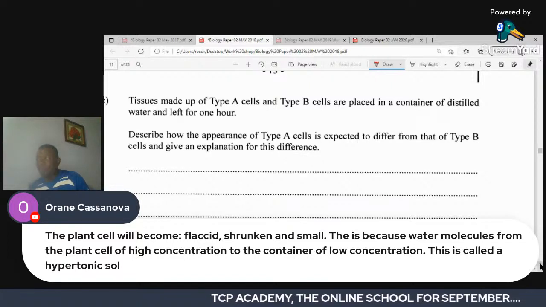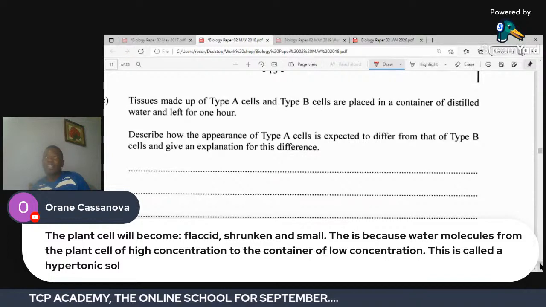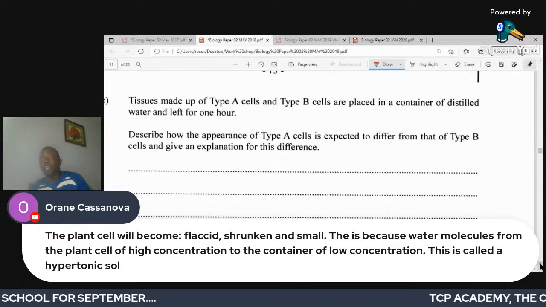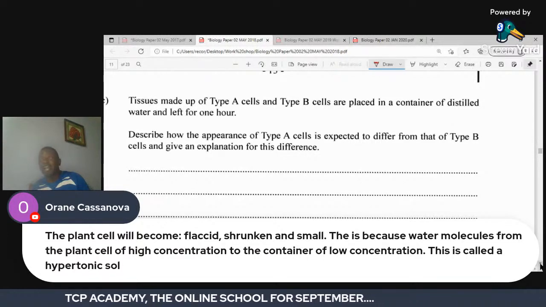So this type of solution is a hypotonic solution because the concentration of salt is greater inside of the organism, or inside of the A and B, than it is in the water. So the higher water concentration is on the outside.